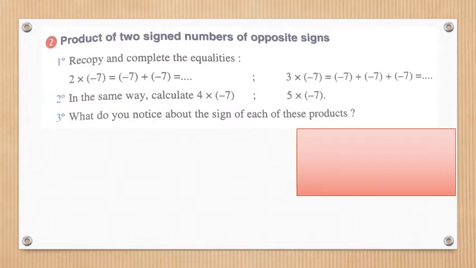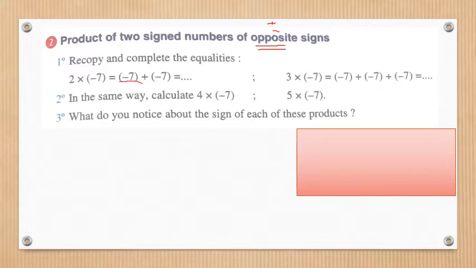Now, what's the product of two signed numbers of opposite signs? Opposite means we have plus and minus. Here, for example, 2 times minus 7. It means that I have to write minus 7 plus minus 7.